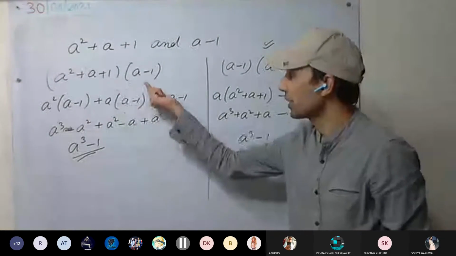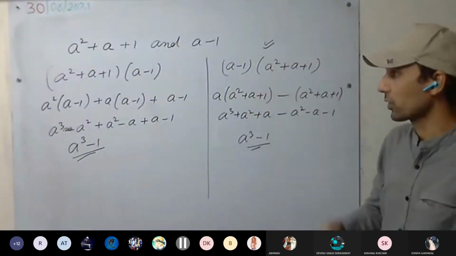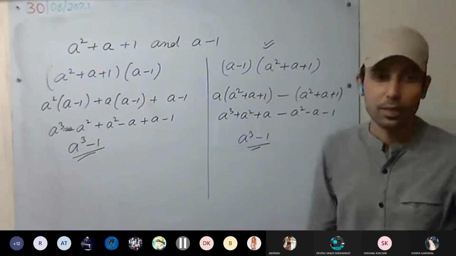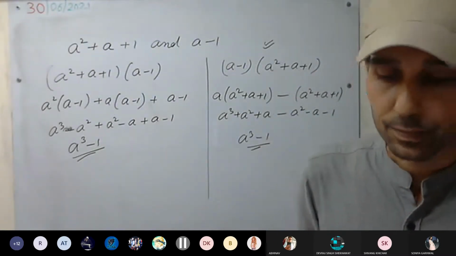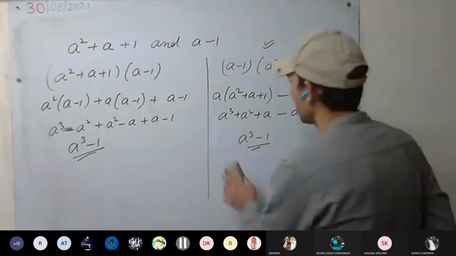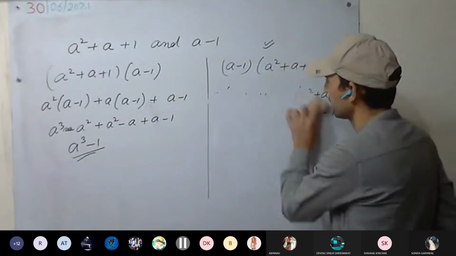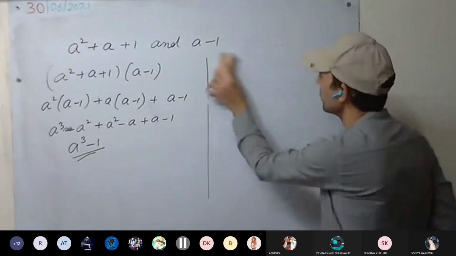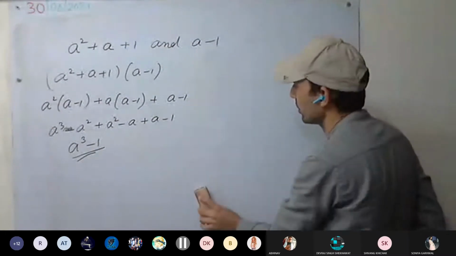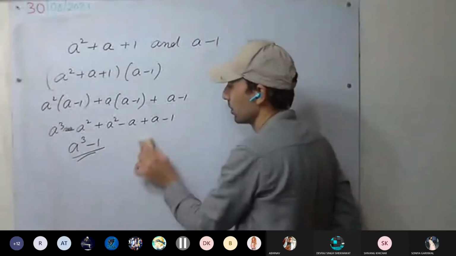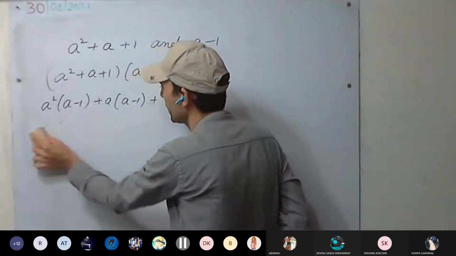It's multiplication either this way or you can do it like this as well. Okay, do the second one now. Everyone do the second one.